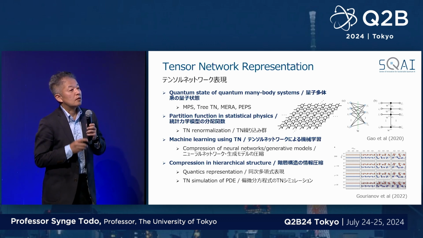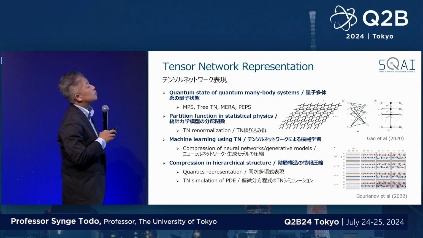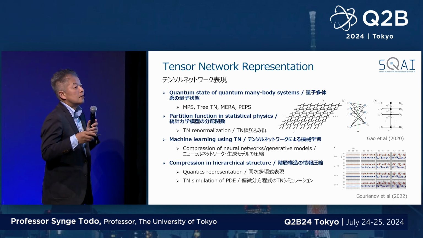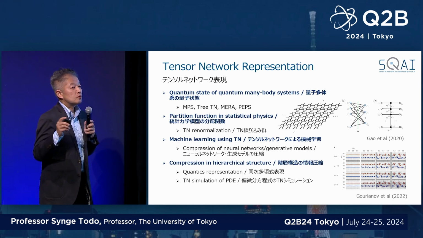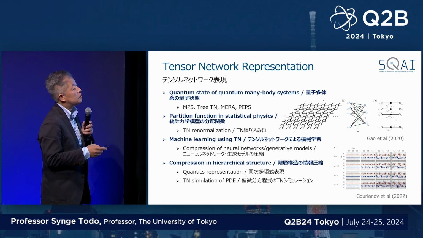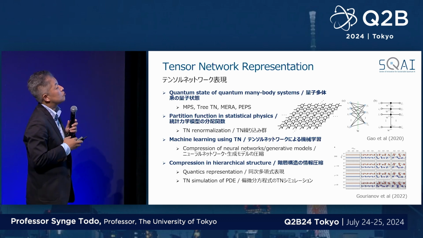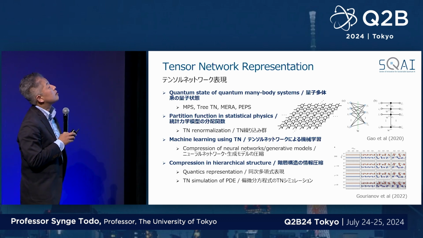In order to represent a quantum state, you have this idea from the area of condensed matter physics. Exponential coefficients of the wave function can be held in a very small group of small tensors.